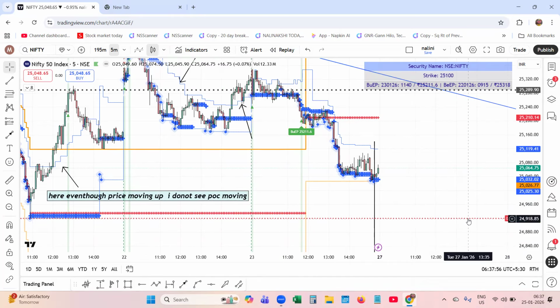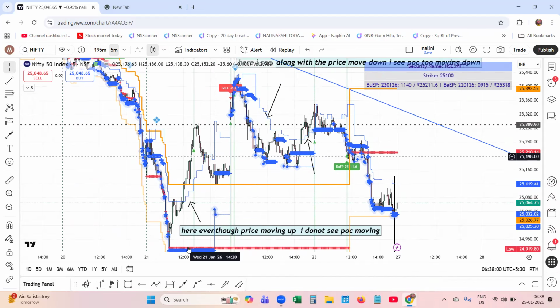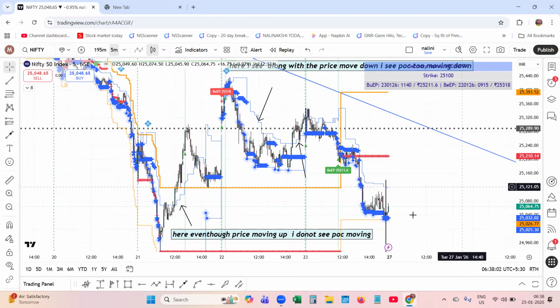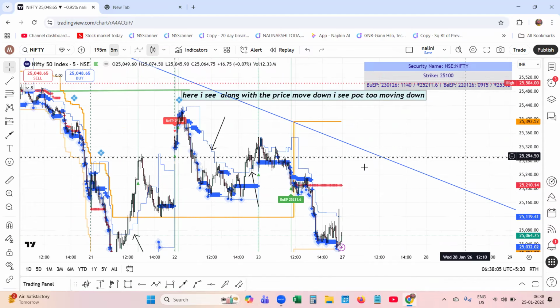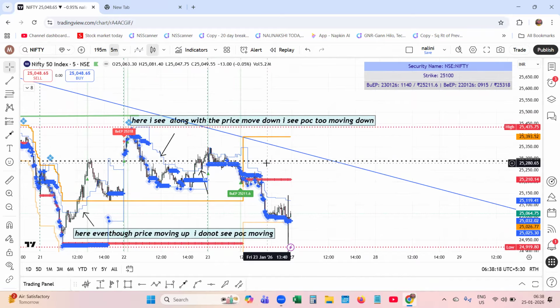This is the previous day low. Previous day low means the low of the previous day, and this is the previous day close. Previous day close, not this close; it will be enabled tomorrow. For this day's close, this line will come on Monday or Tuesday when the trading resumes.